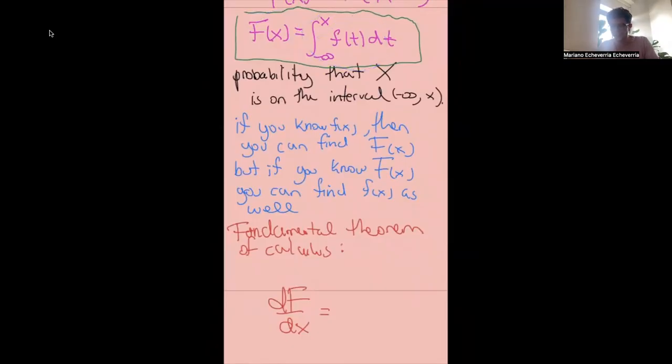If you take the derivative of this function with respect to x, the derivative kills the integral, so you're just left with f of x. So if you know the distribution function, the density can be found by taking derivatives. Is that making sense?